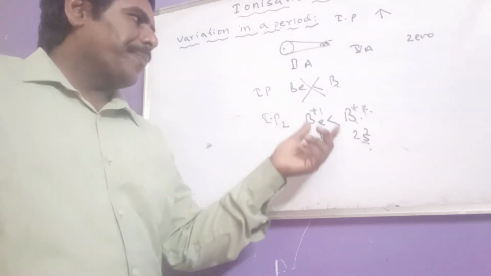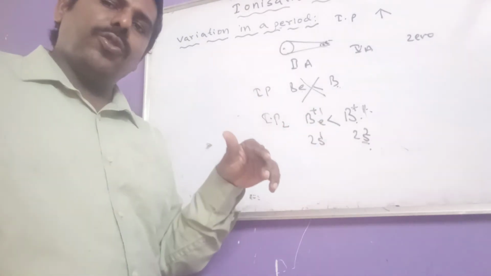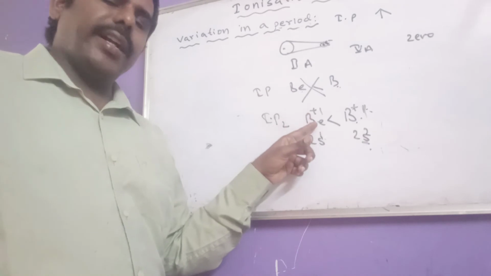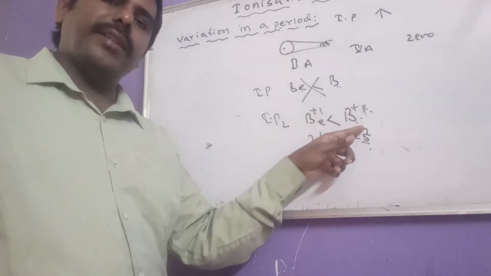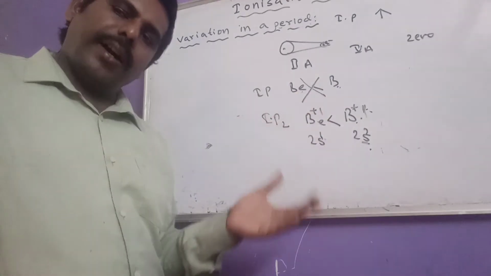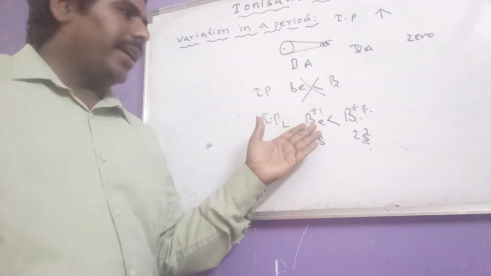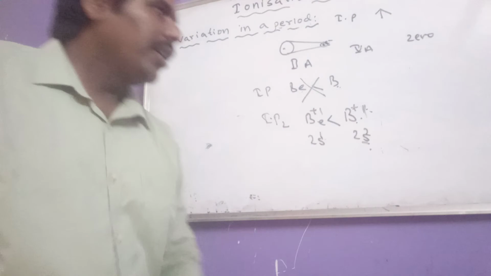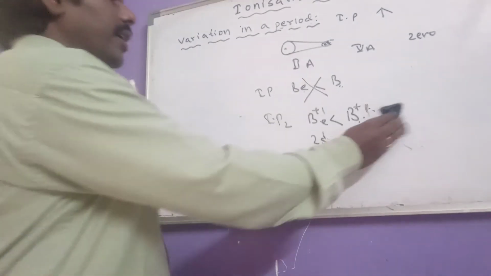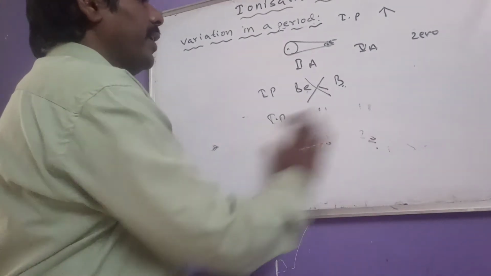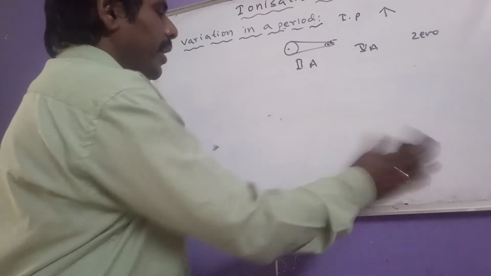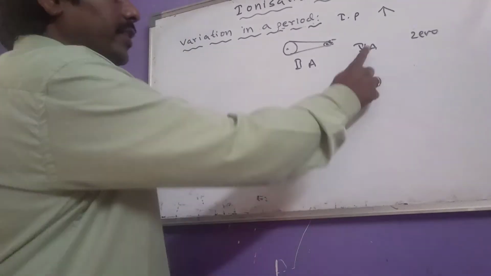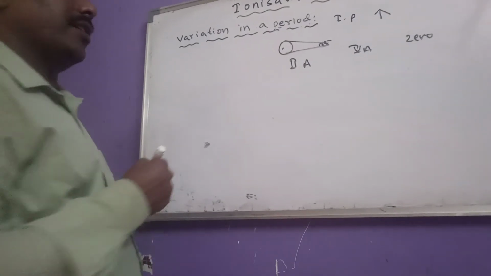So second IP of beryllium is less than that of boron, but if you come to first IP, beryllium's first ionization potential is greater than that of boron. So this is somewhat an irregularity in a period.